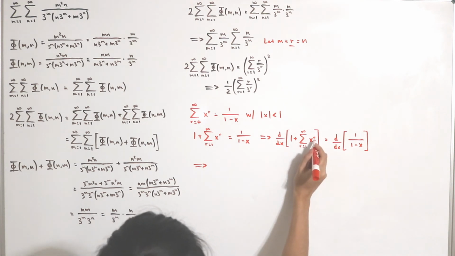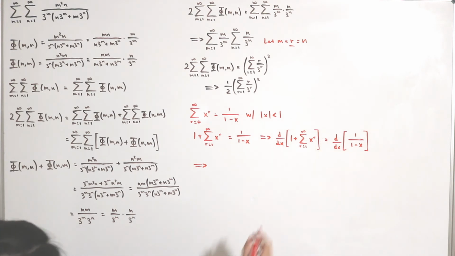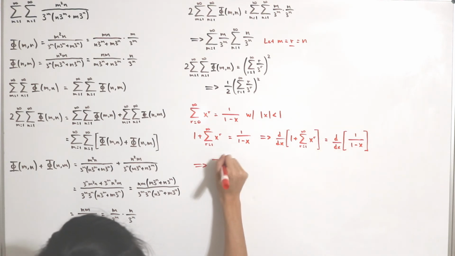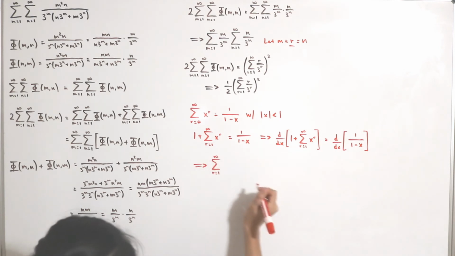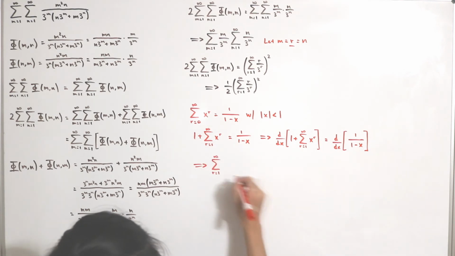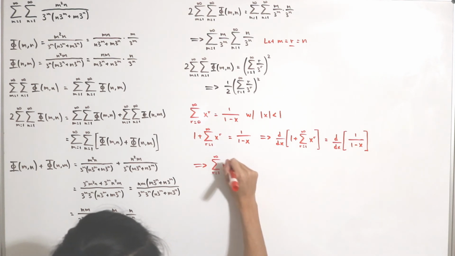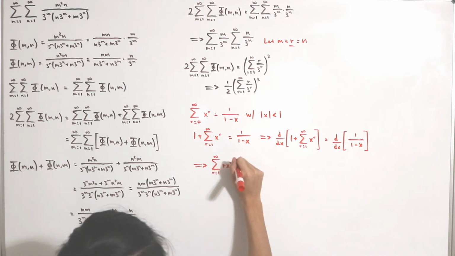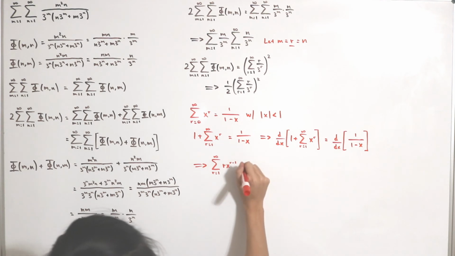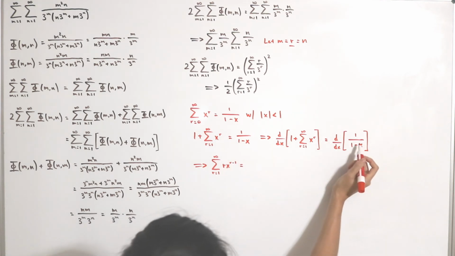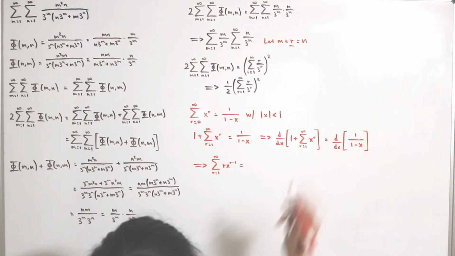When you do the power rule, r goes to the front and then subtract the exponent by 1. So we have the summation r equals 1 of r multiplied by x to the power of r minus 1, and that's equal to the derivative of 1 divided by 1 minus x.